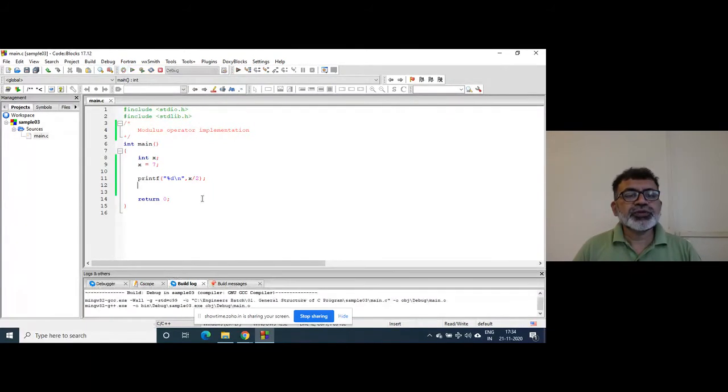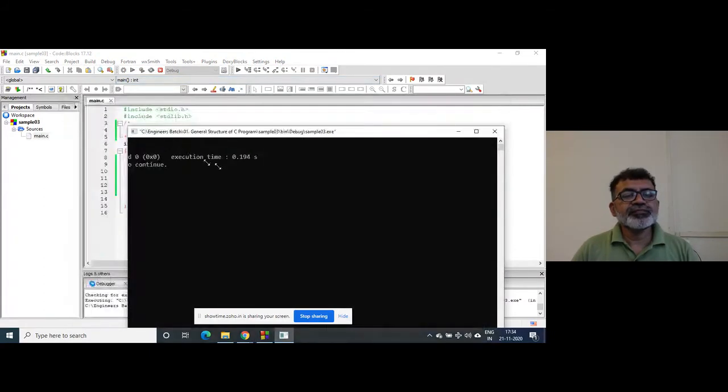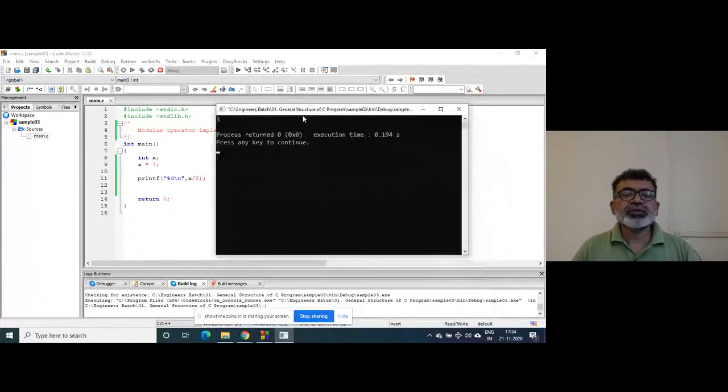If I run this code, it will print 3. Why 3?